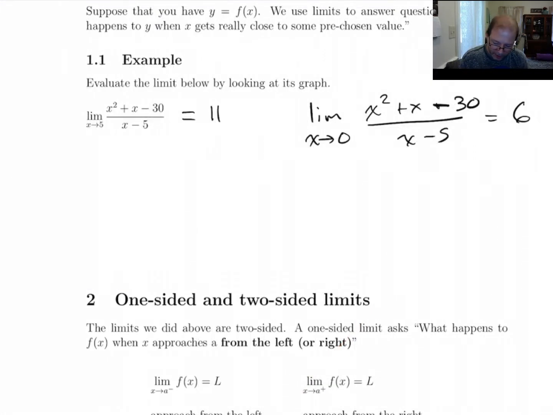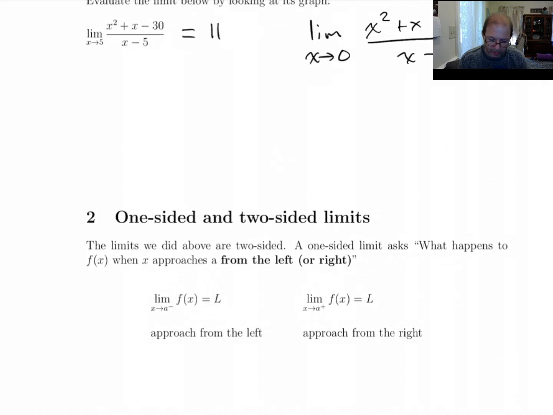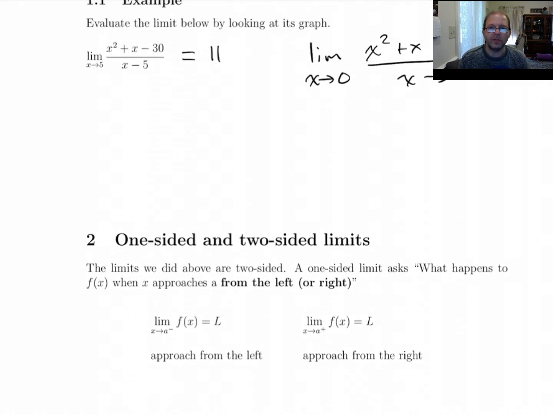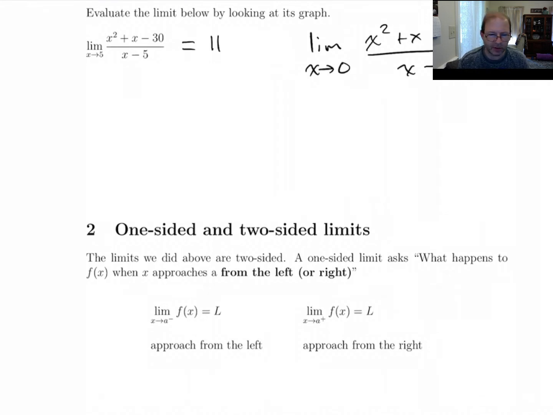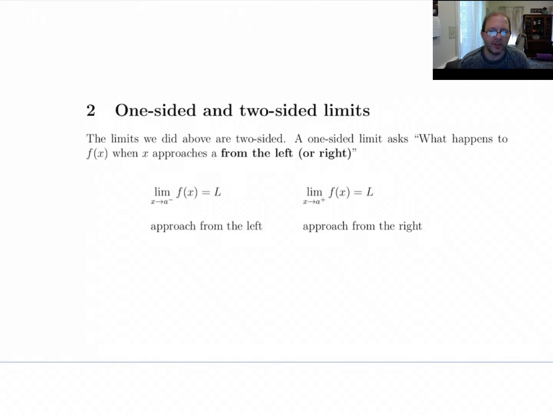All right, so let's look at some one-sided limits and two-sided limits. When we did the limit before, we approached from both sides of 5 and then both sides of 0. If you only approach from one side or the other, you call it a one-sided limit. The little notation here says the limit of f of x as x approaches a from the left.